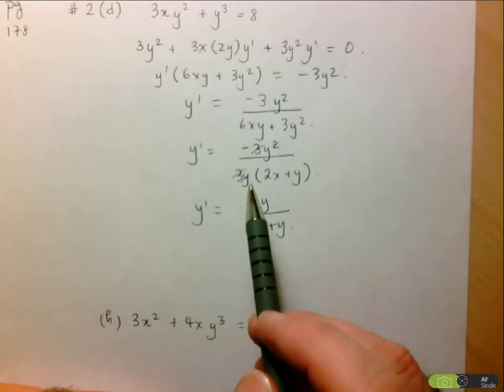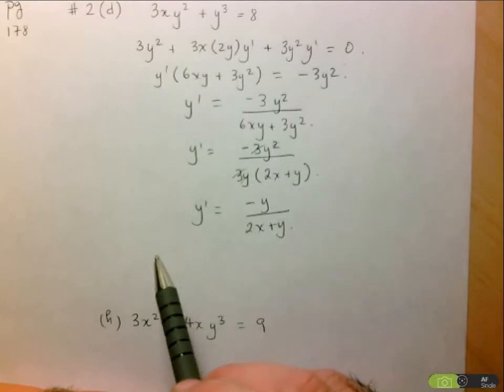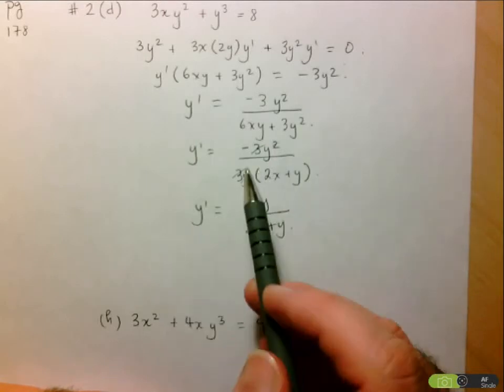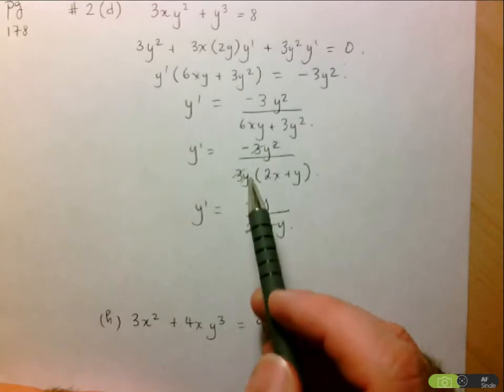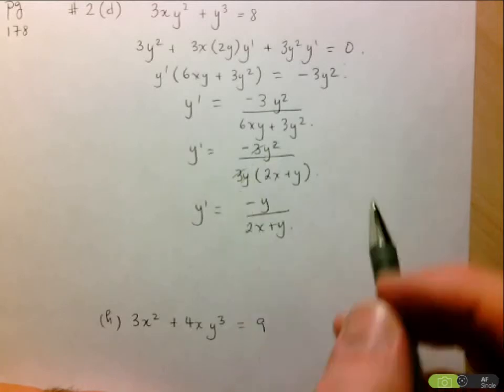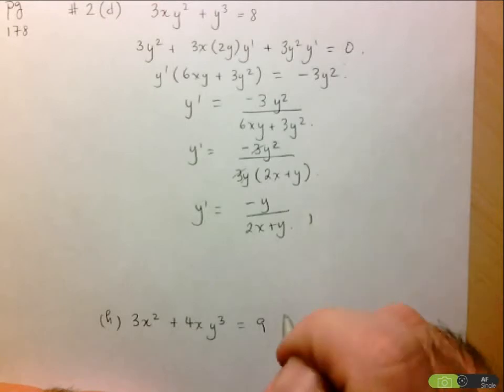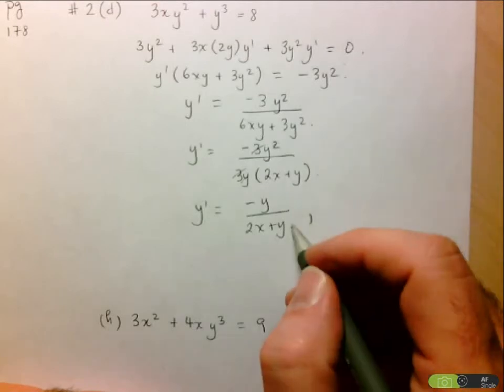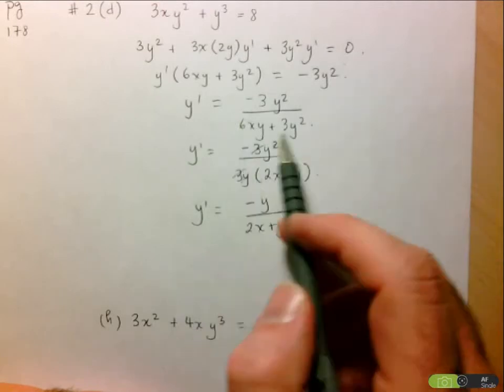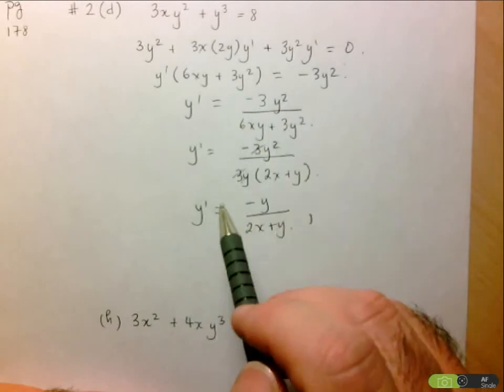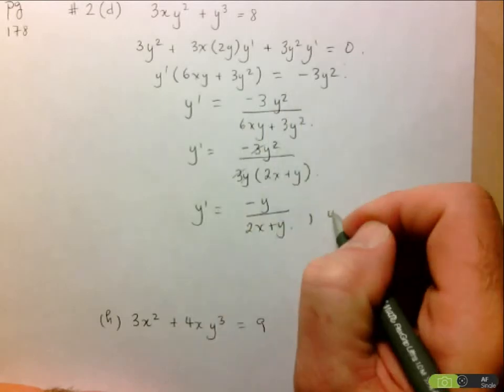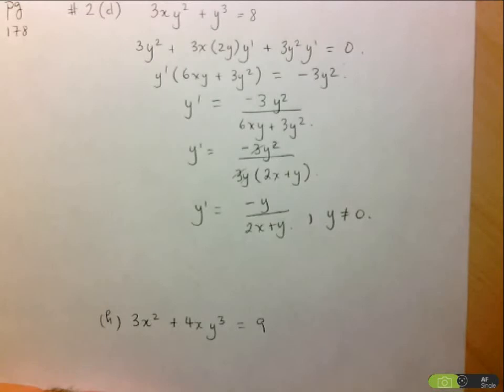So just as you would have done with rational expressions, if you remove a restriction by doing some simplifying, you have to specify that that restriction still exists. Because our original derivative was given by this expression, here we have to specify that y cannot be equal to 0. So make sure you look out for that anytime you're simplifying your derivative expression.